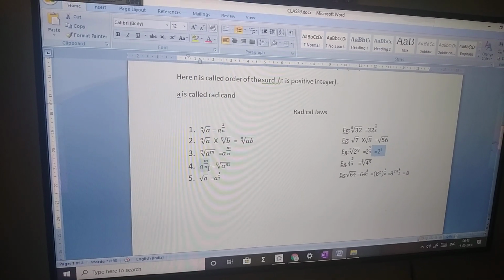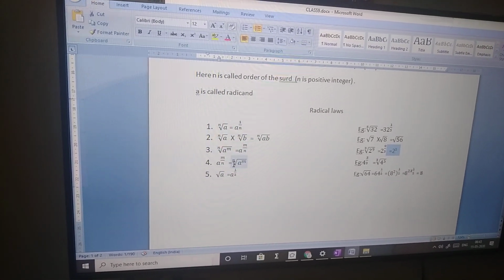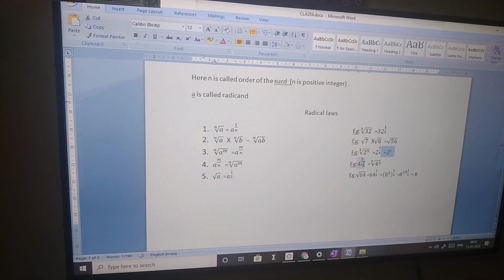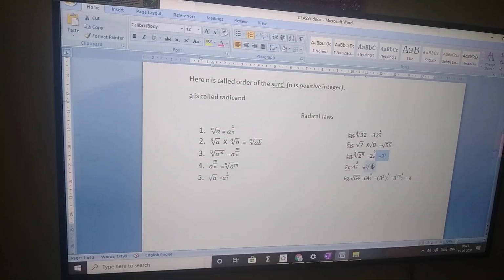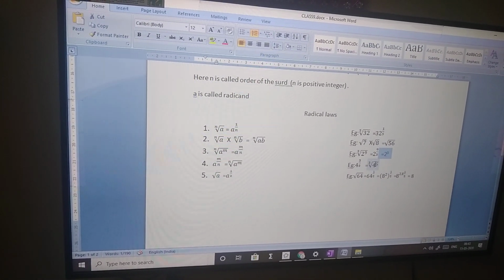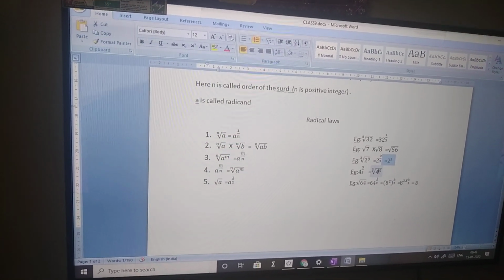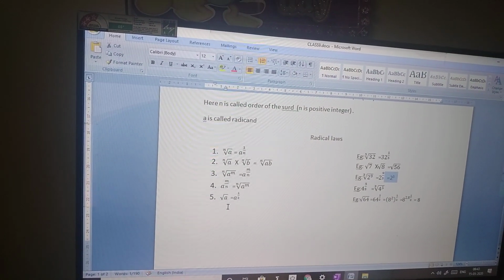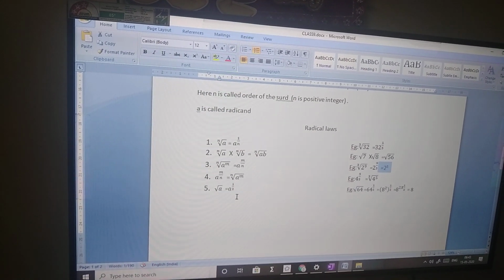A power m by n equals nth root of a power m. 4 power 5 by 3 equals cube root of 4 power 5. The denominator is changing as the order of the surd, and 4 power 5 stays inside. Fifth rule, root of a or square root of a equals a to the power of 1 by 2.